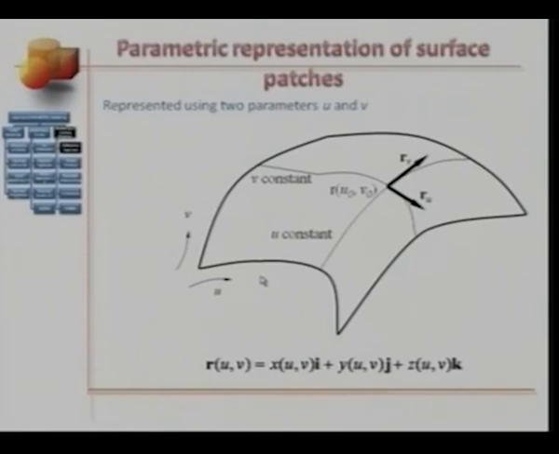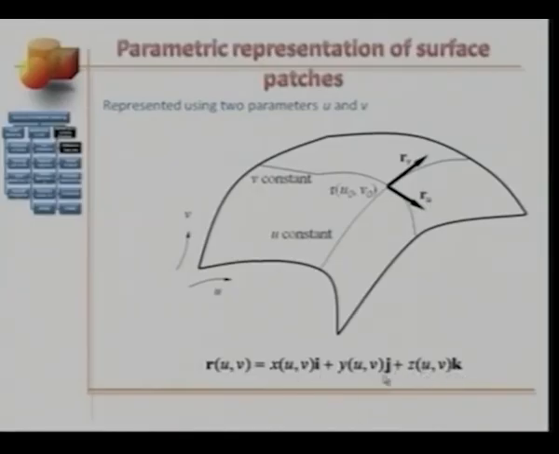The parametric equation of the surface patch can be written as r as a function of u and v, which is the scalar field x, function of u and v, times i, plus scalar field y of u and v times j, plus the third scalar field z in terms of u and v times k.